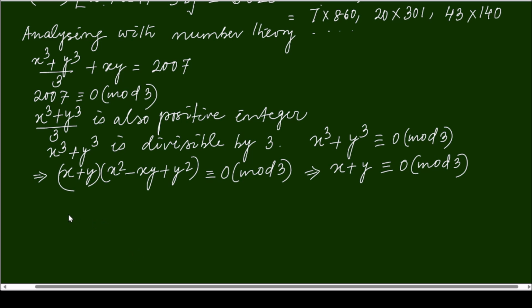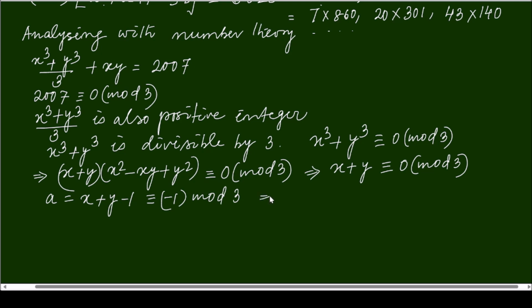So what is our a? a is nothing but x plus y minus 1. So when x plus y is congruent to 0 modulo 3, that means a is congruent to minus 1 modulo 3.